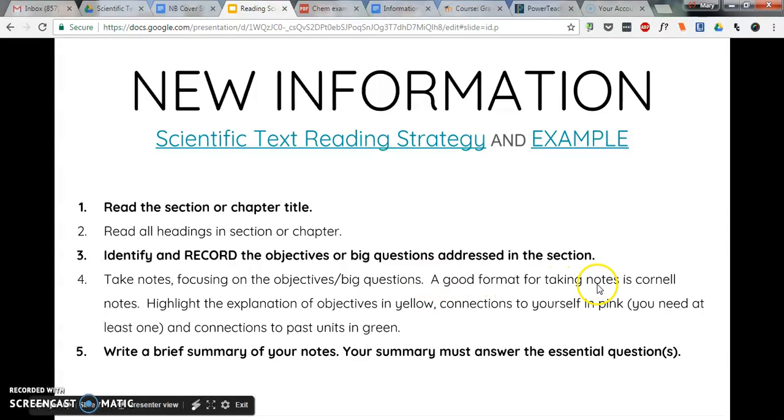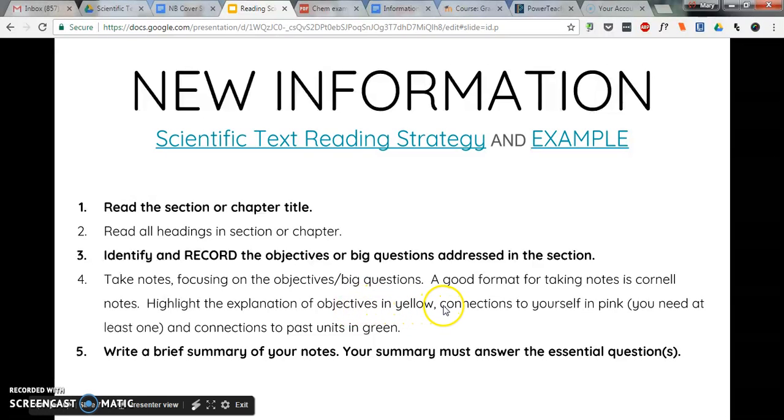During reading, you will take notes, focusing on the objectives and the big questions that you listed. A good format for taking notes is Cornell Notes. We've been using Cornell Notes, where you make 2 columns, like a T-chart, and on the left side are the concepts, objectives, or big questions, and on the right-hand side are your explanations. You will write down explanations from the text, and you will highlight them in yellow.